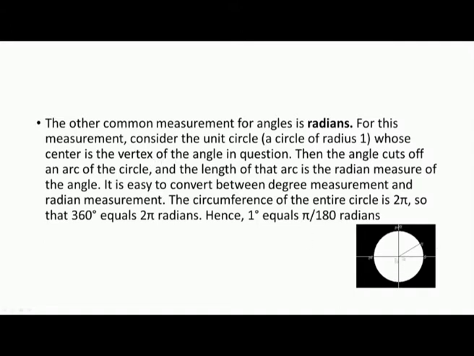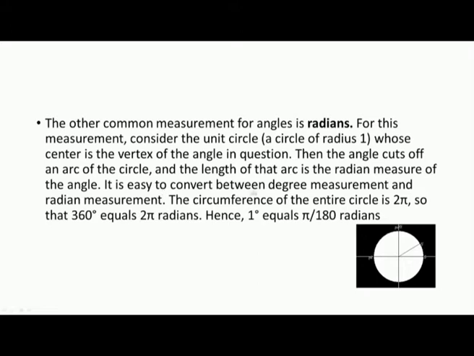If you see this diagram, this is the vertex and this is the circle with 1 unit radius. Then the angle cuts off an arc of the circle and the length of that arc is the radian measure of the angle. You can see here we have a line here, we have another line here, these two lines cut the circle. So, this length of arc is the radian.